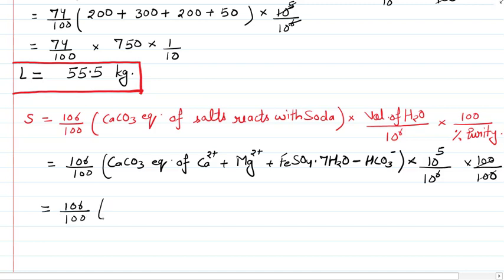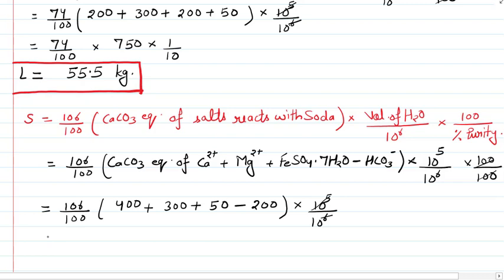106 by 100. By placing the exact values of these ions, we get 400 for calcium ion, then 300 for magnesium ion, then 50 for hydrated ferrous sulfate, and with minus sign we have bicarbonate ion. The amount is 200 ppm into 10 raised to the power 5 upon 10 raised to the power 6. Same cancelling here, 10 raised to the power 5 and 6.